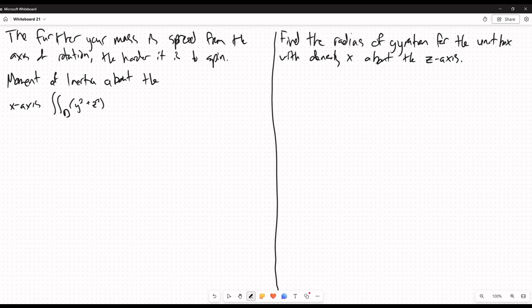And then I can check the density of how dense the object is that far from the axis. And if I integrate the density times the distance from the axis, that's going to get me the moment of inertia around that region. And this should actually be about a region, or a solid, not a disk.